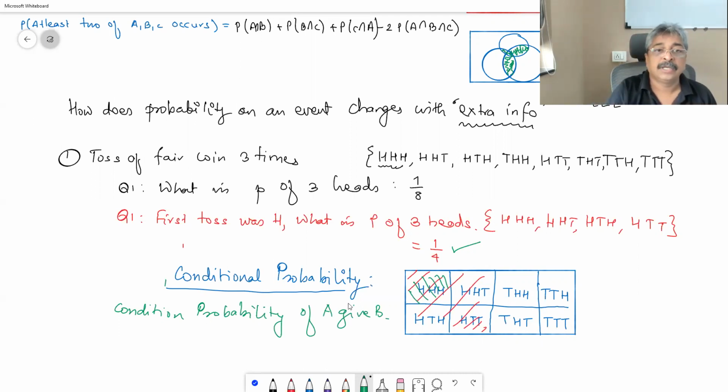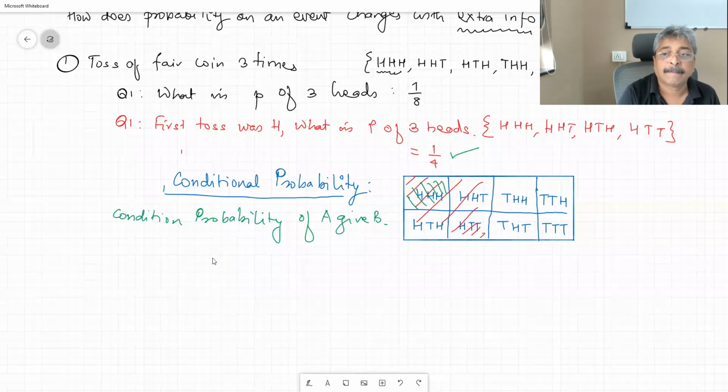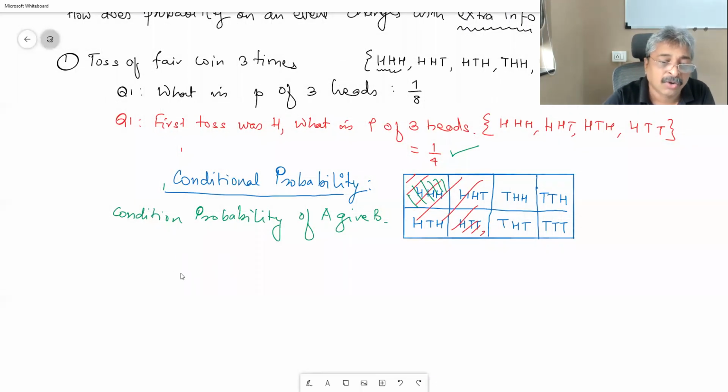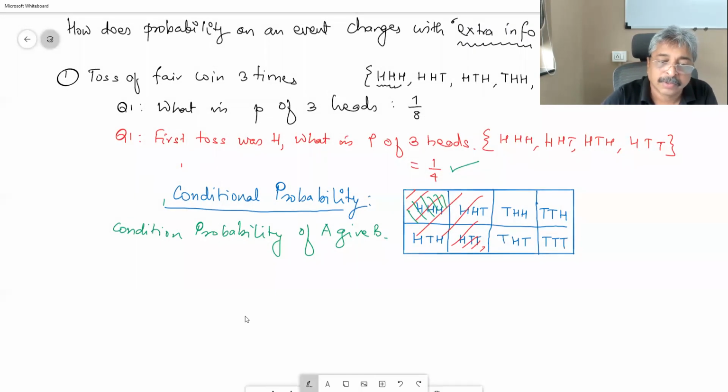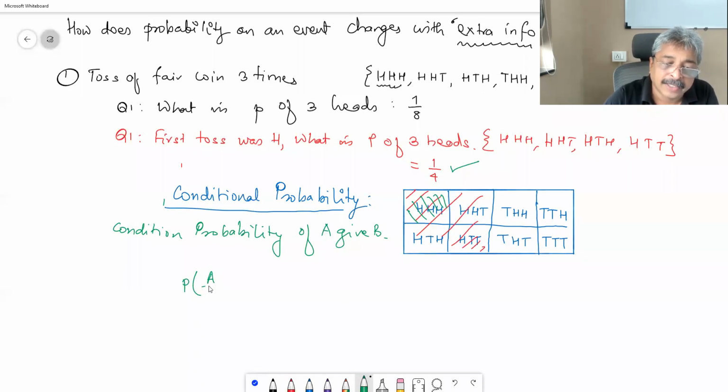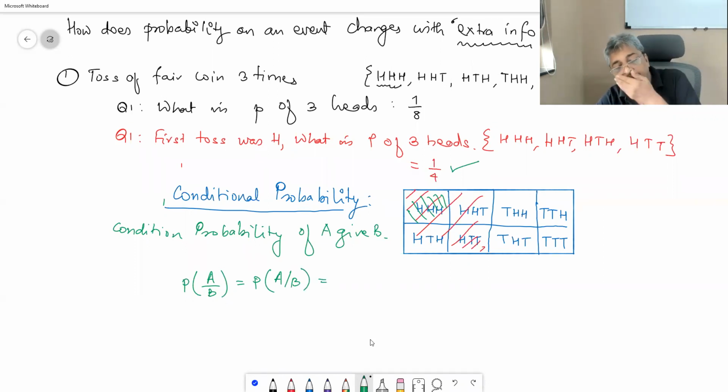It is denoted as probability of A divided by B, or it is also written as probability of A slash B, A given B. Probability of A given B.